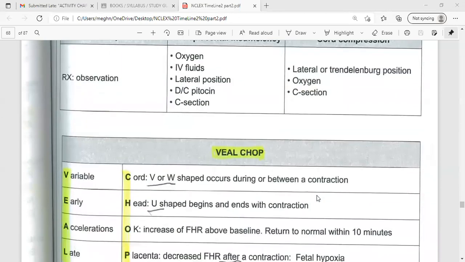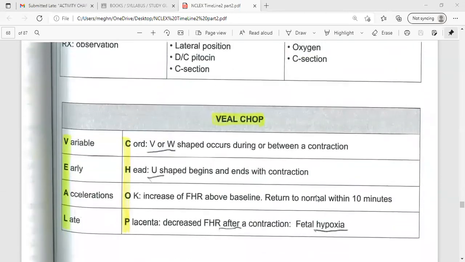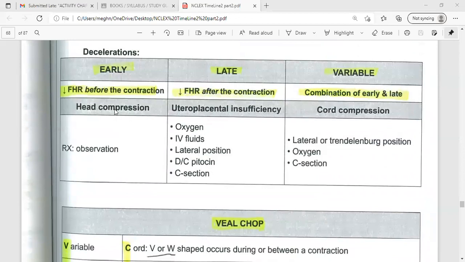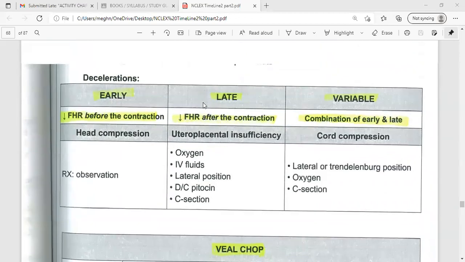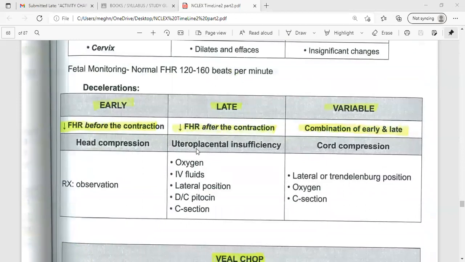Next, a note here. As I told you, early deceleration is head compression, late deceleration is uteroplacental insufficiency, and variable deceleration is cord compression, right?